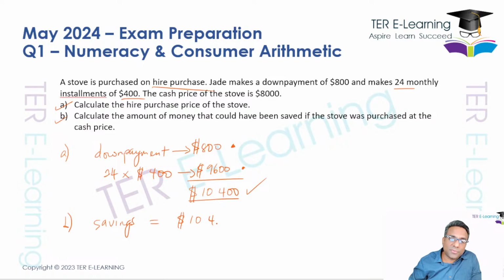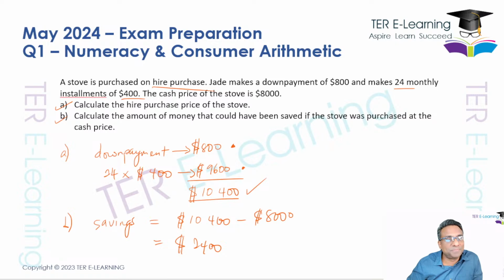So it's 10,400 minus $8,000. So in this case here, it is going to be $2,400. I've seen a lot of people saying that. Yep, that's essentially what it is. So we can get hire purchase in that first question as well.